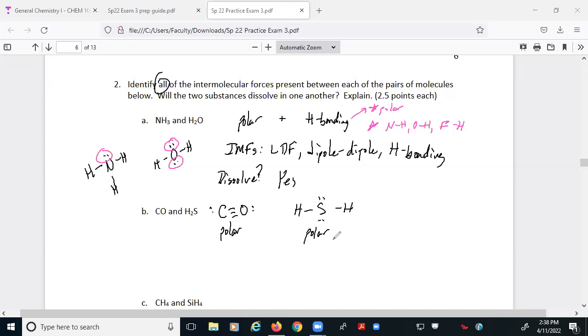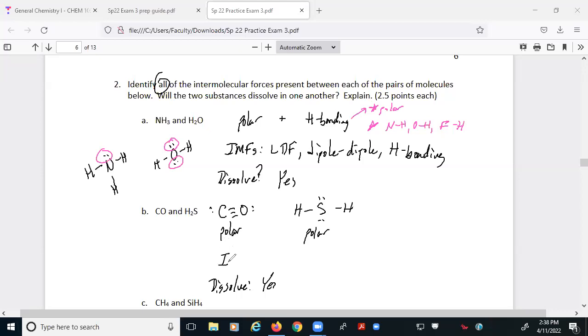Has hydrogen in it, but sulfur's not electronegative enough. So that is where it will stop. So again, I can look, polar, to answer the second question, does it dissolve? Absolutely. Explanation, like dissolves like.